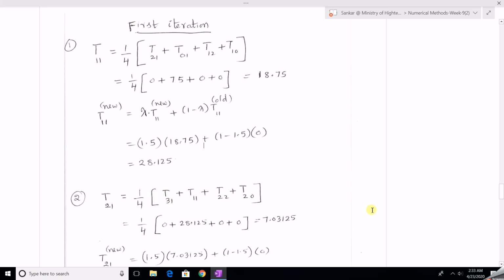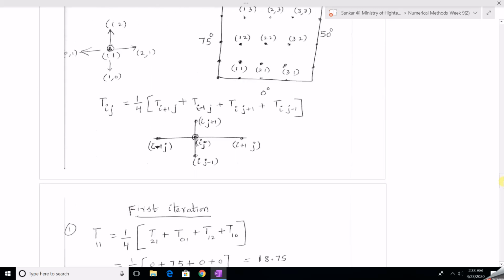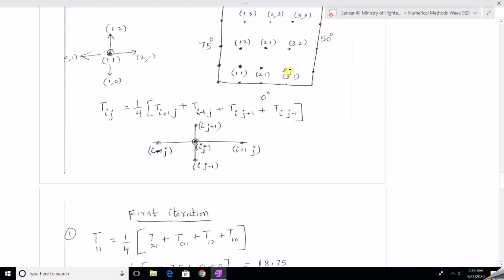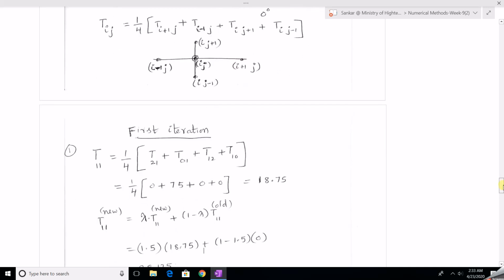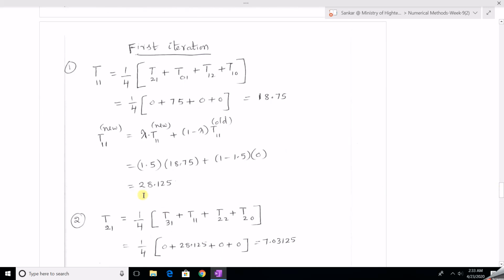Now T31, the temperature at 3,1, is initially assumed to be 0. T22 is also 0, and this edge is 0, so T20 is 0. T11 is not 0, because we just got the T11 value, 28.125, so we substitute this value.